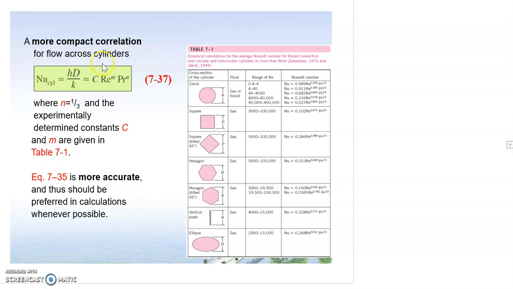So this is the correlation for other shapes, where Nu equals C Re to the power of m Pr to the power of n, where n is always 1/3, and C and m are given in Table 7.1. So you have to find the correct shape and the respective formula that suits your shape.